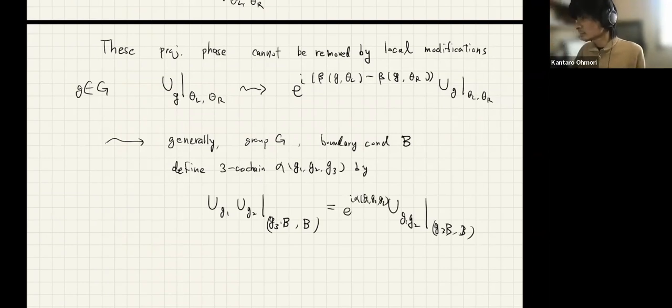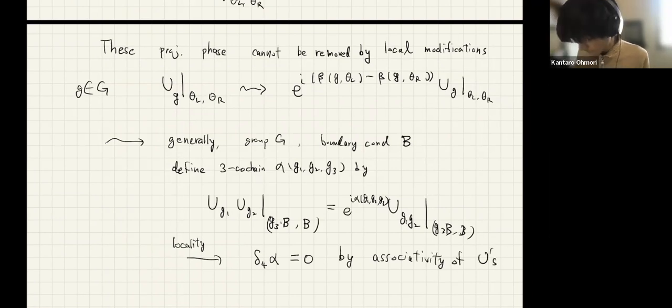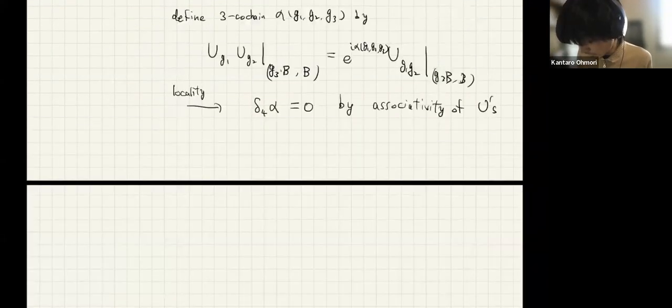I skip the detail, but with some locality assumption we can show that delta 4 of alpha is 0 by associativity of U, where delta 4 I define this way.